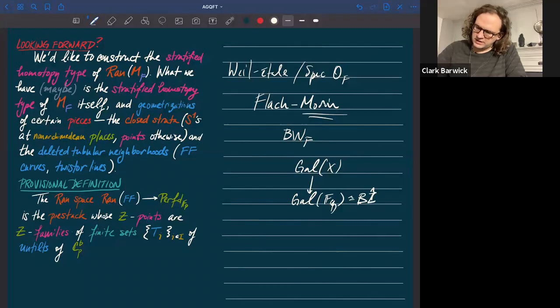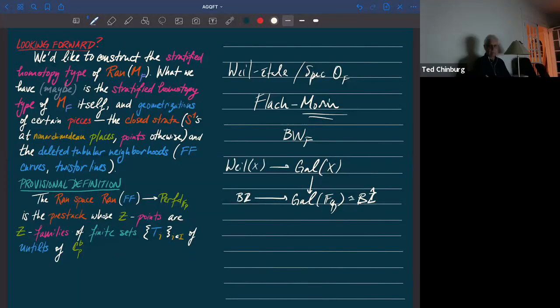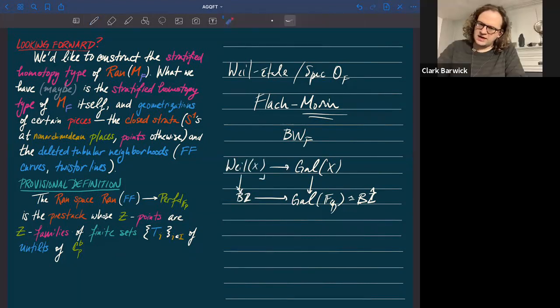If you pick an algebraic closure, then you can pick out a BZ here. If you form this pullback, then this is the Weil category. Yeah, that's very natural enough. This Weil category has the property that, in the same way as the Galois category, its representations are constructible sheaves. The representations of the Weil category are the Weil sheaves in the sense of Deligne, I guess.